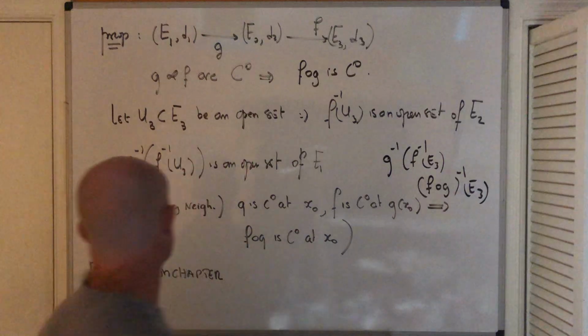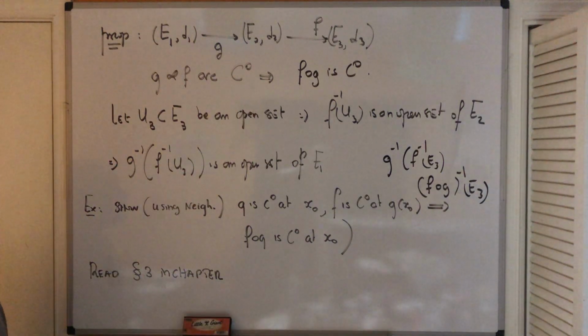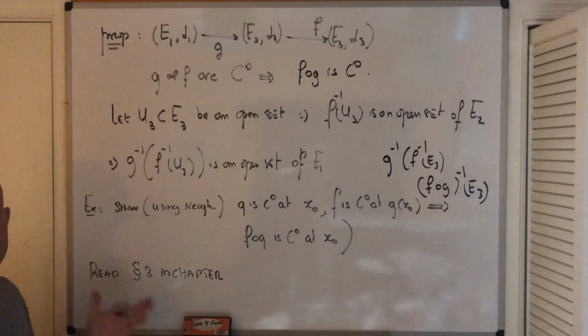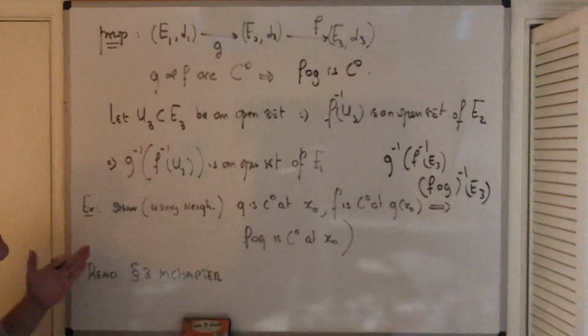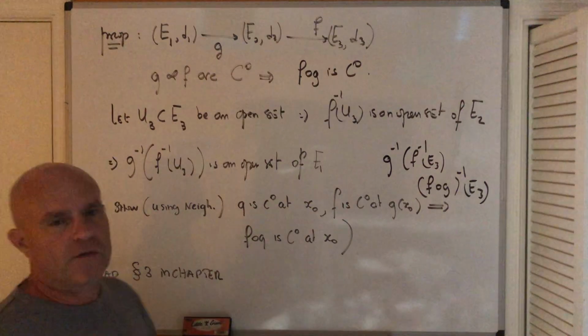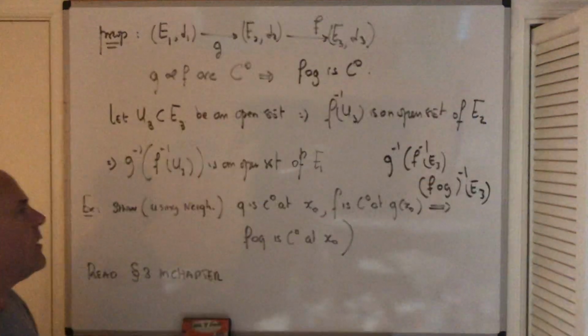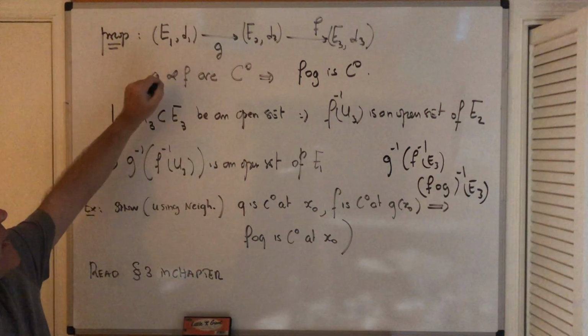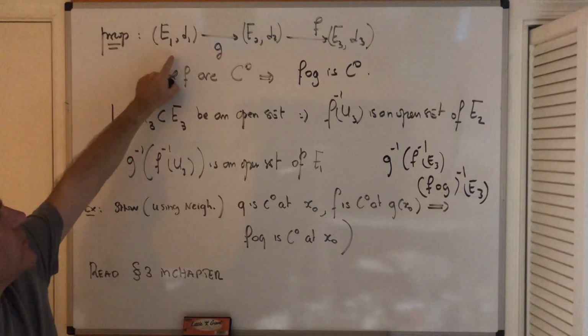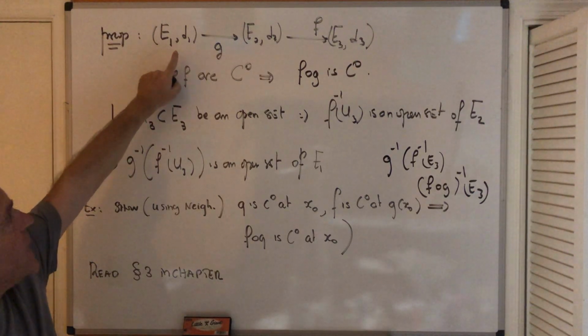I'm asking you also to show, actually this is pretty much paraphrasing what I have just said, that instead of taking an open set anywhere, just take a neighborhood of the image of the point. Let's call it x0.